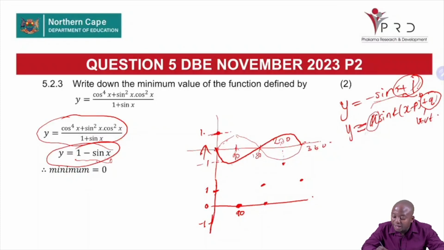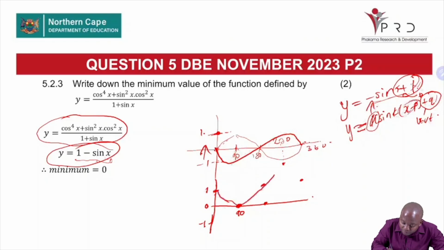Our a in this case is negative, so we just flip it, or reflect it around the x-axis, and we know our q in this case was plus 1, and there's no shift around the horizontal. So now when we shift it 1 unit up, it's going to move like that. It's going to go up there. The 180 is going to go back to 1. So this is back to 1 and 1.